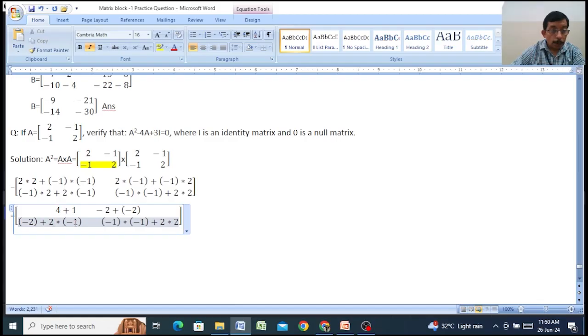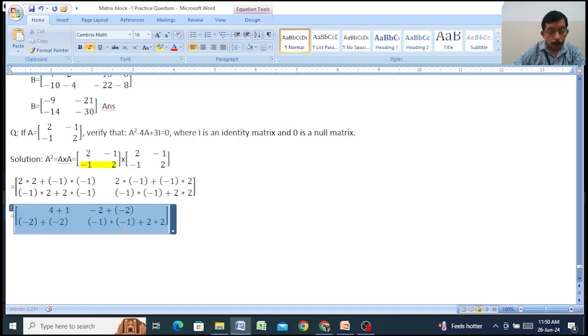Minus 2 into minus 1, 2, note down the same position. Minus 1 into 1, 1, note down the same position. 2 into 2, 4, note down 4 in the same position.